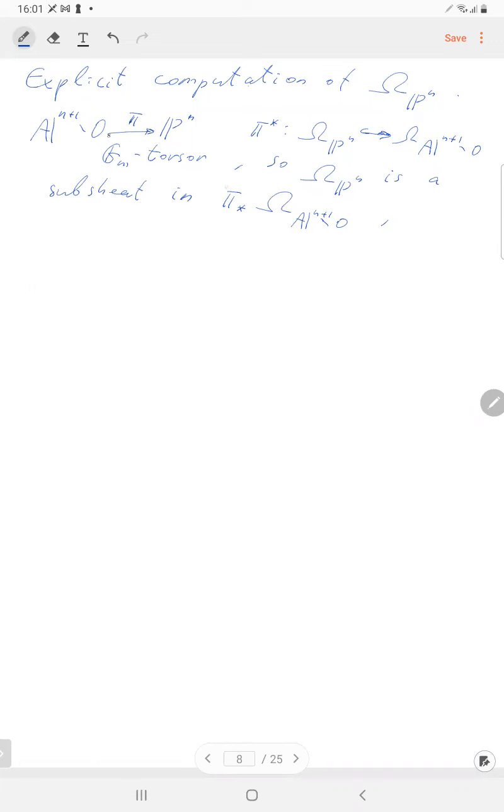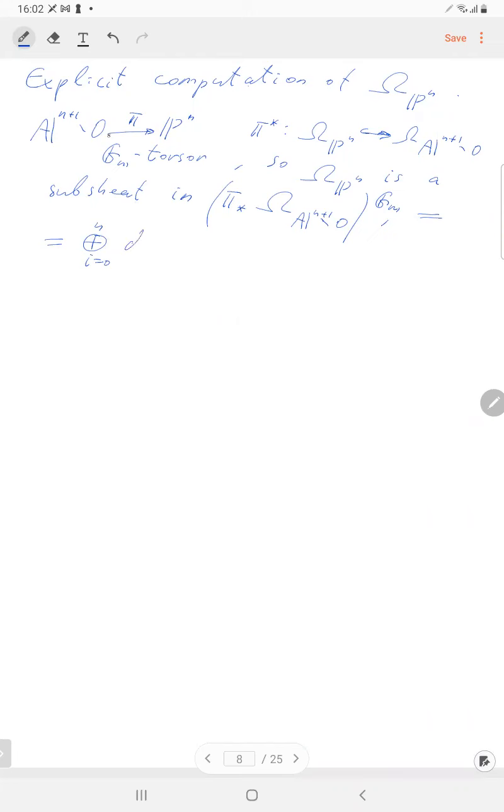Maybe I'll write it down like this. The invariant sections we can write down in this form.